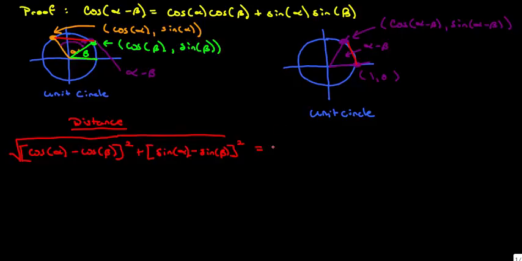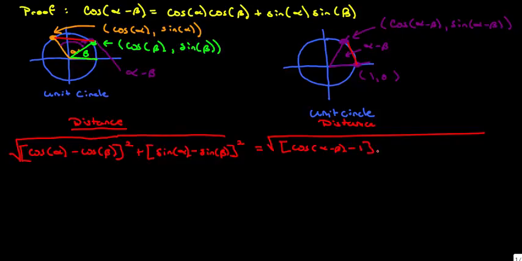Over on this side, the distance is the difference between my x values squared, we have to put our 1 in there, plus the difference between our y values squared. Sine alpha minus beta minus 0.